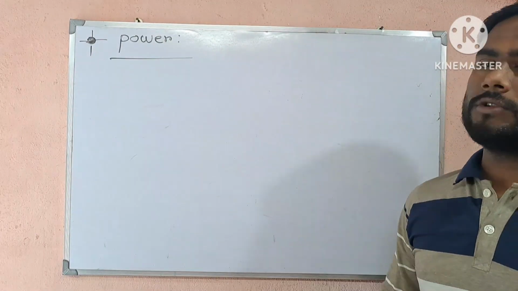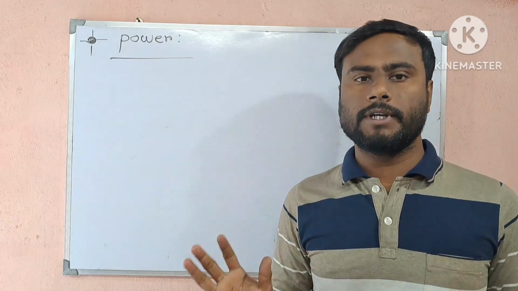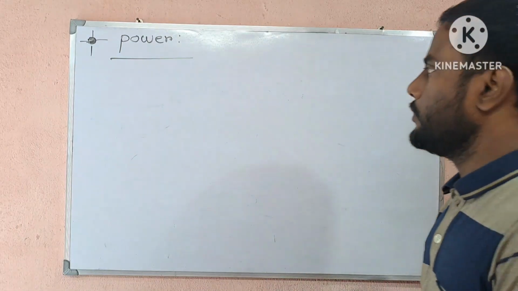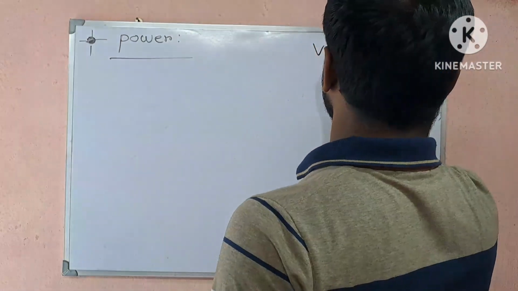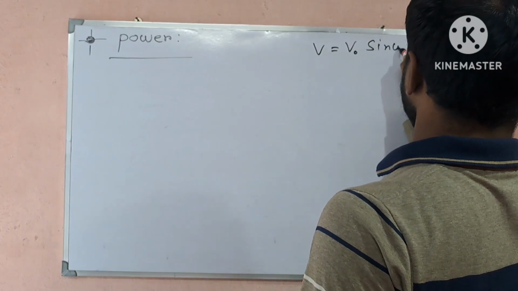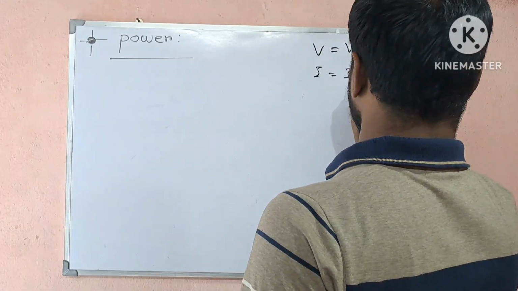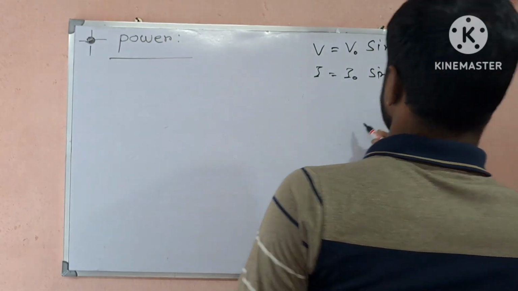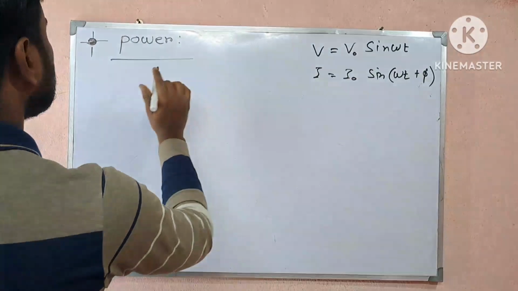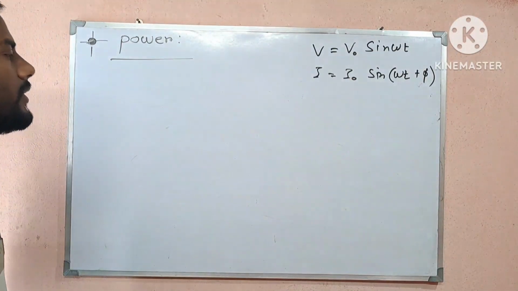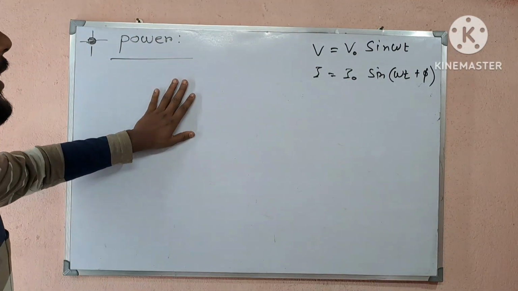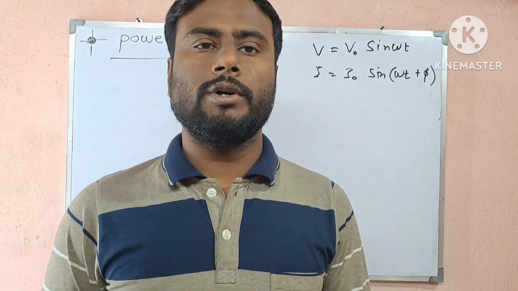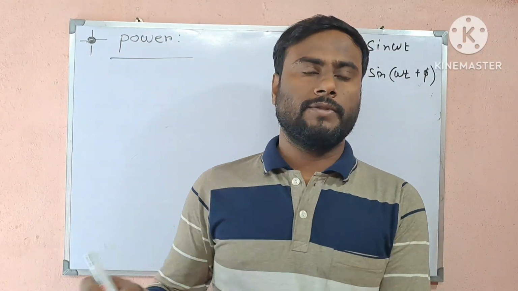Now we will talk about power dissipated or power used in an AC circuit. As we know, for an AC signal, the voltage is given by V0 sin omega t and the current is given by I0 sin(omega t plus phi), where phi is the phase difference between them. Whenever we talk about power for an AC signal, we always talk about average power, because there is no importance of instantaneous power for an AC signal.